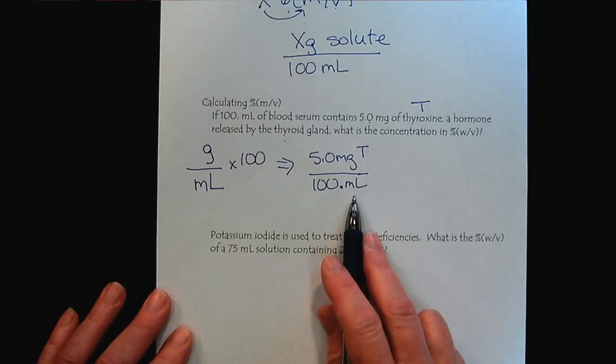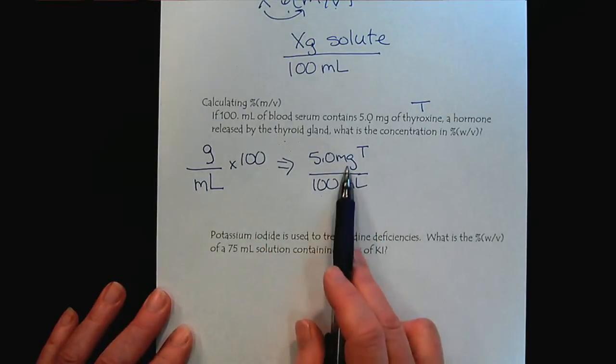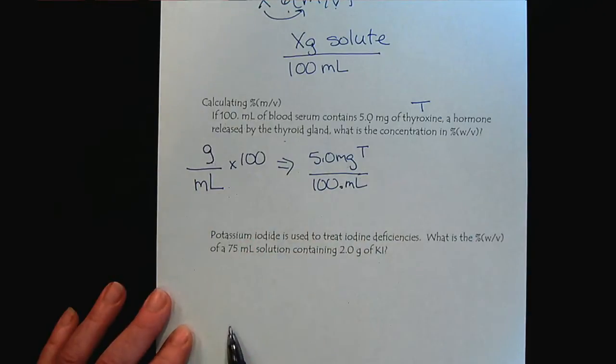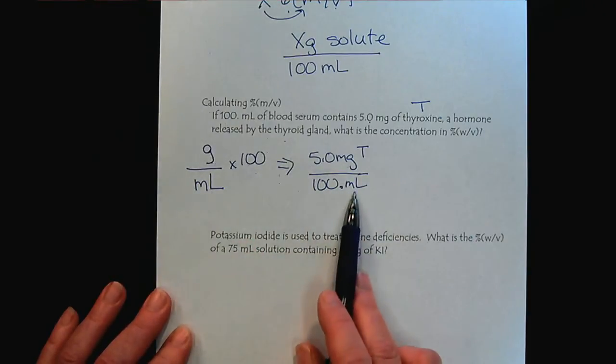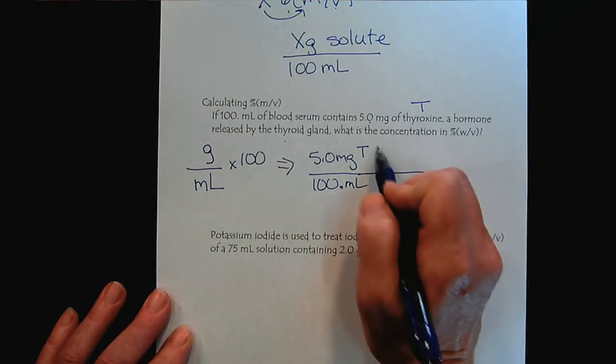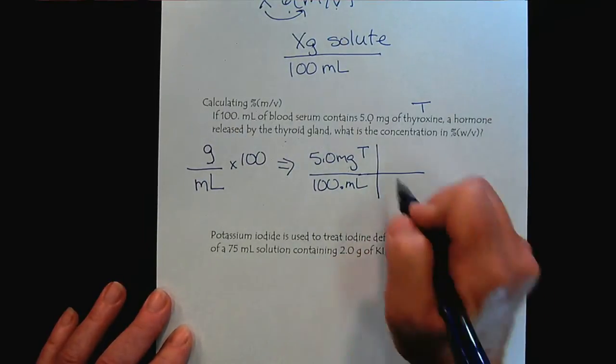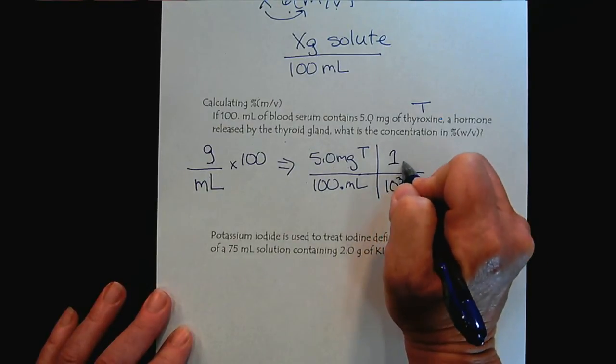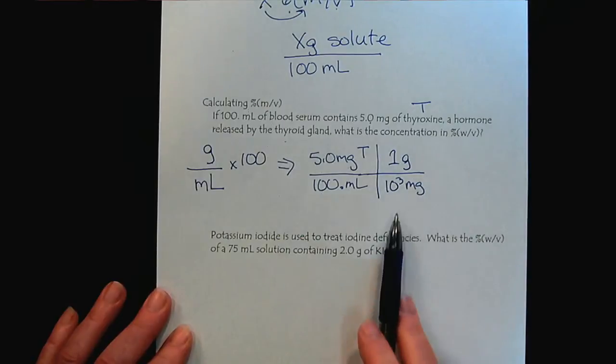And so we're going to need to do a unit conversion here because the mass of our solute is in milligrams, not grams. We don't have to do anything with the volume since it's already in milliliters. So now we'll do a unit conversion that there are 1,000 milligrams in 1 gram. There's also a video tutorial that talks about unit conversions.